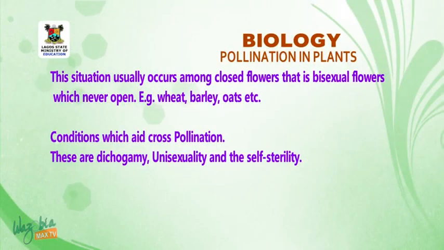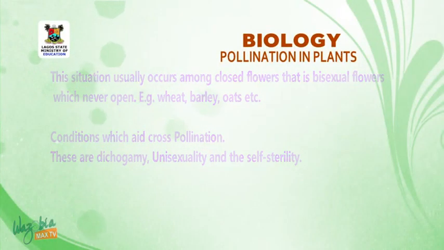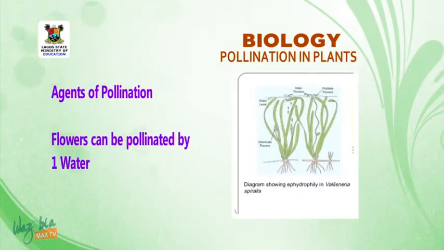Conditions which aid cross-pollination include dichogamy, unisexuality, and self-sterility.